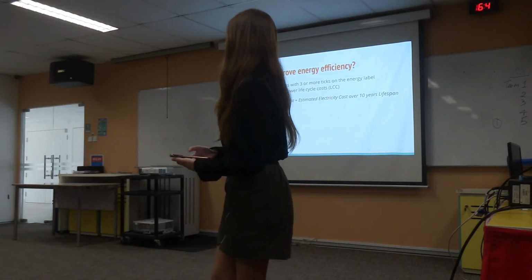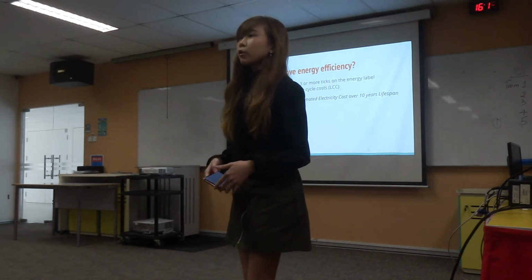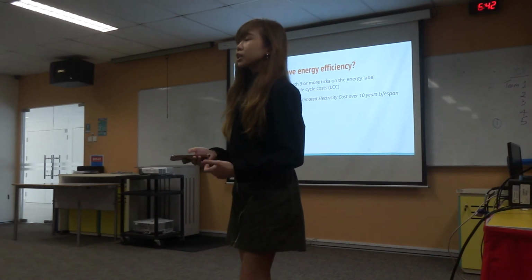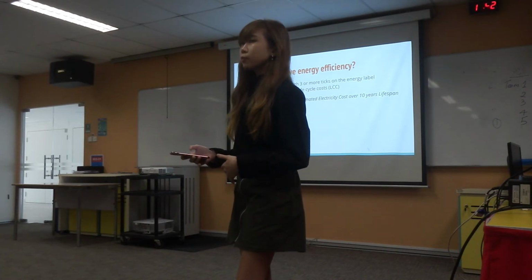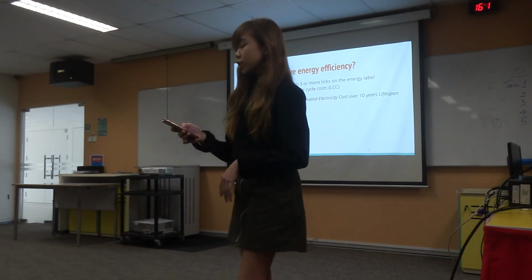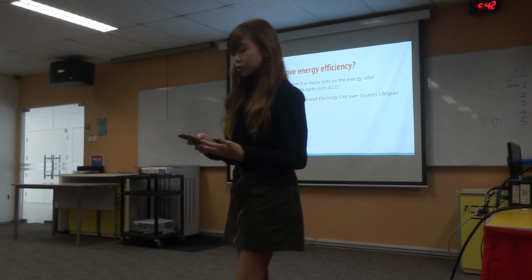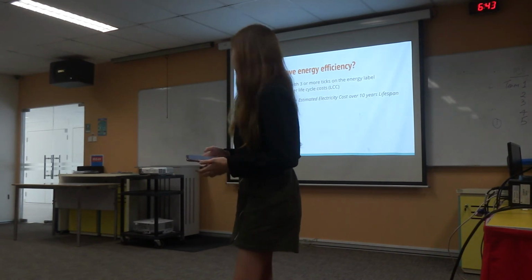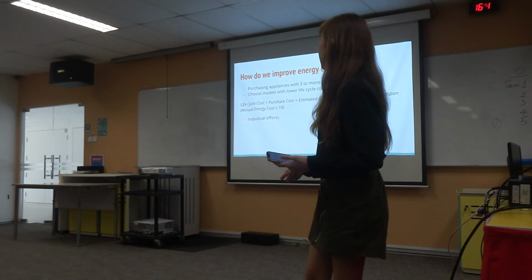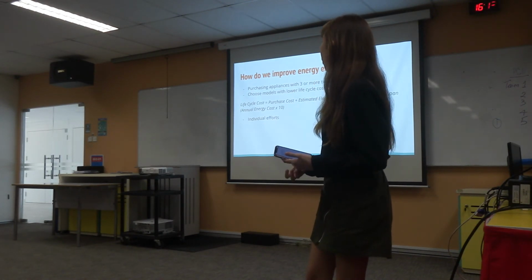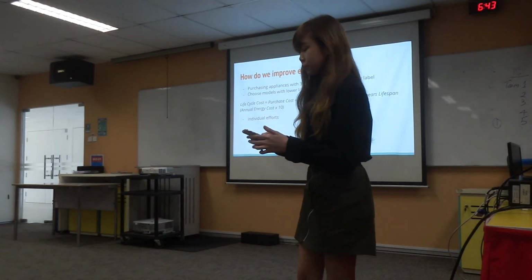So how do we improve energy efficiency? From our trip to Best Denki, it is clear that we have to look out for appliances with more ticks on their energy labels, and also look out for models with lower life cycle costs. And this is the formula to calculate life cycle costs for the appliances we use at home.